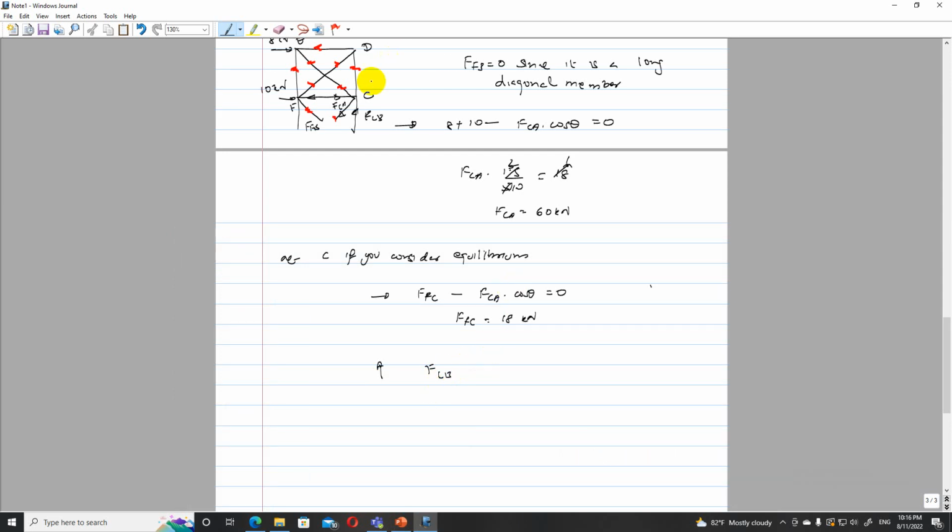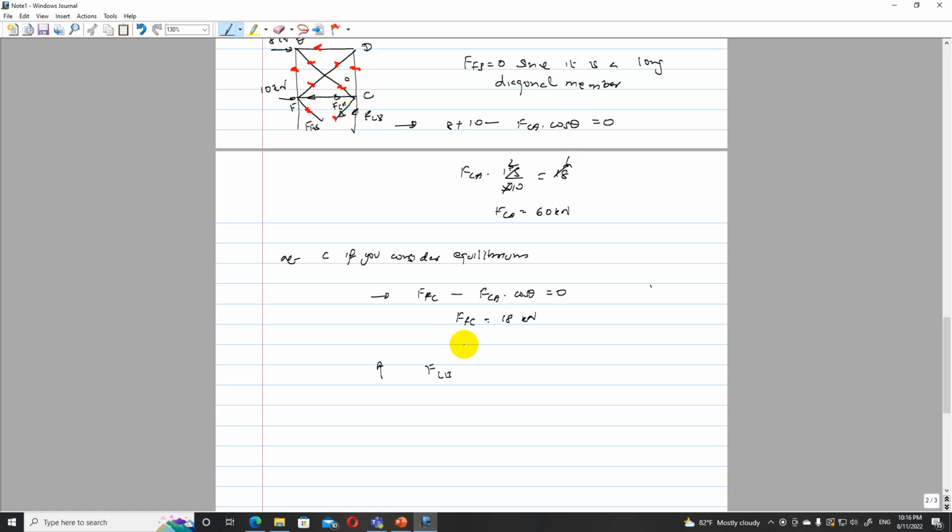I think I'm making a mistake. No, this is a zero force member, so there is no horizontal component. FC, that is this element, minus FCA cos theta, then this has no member forces.